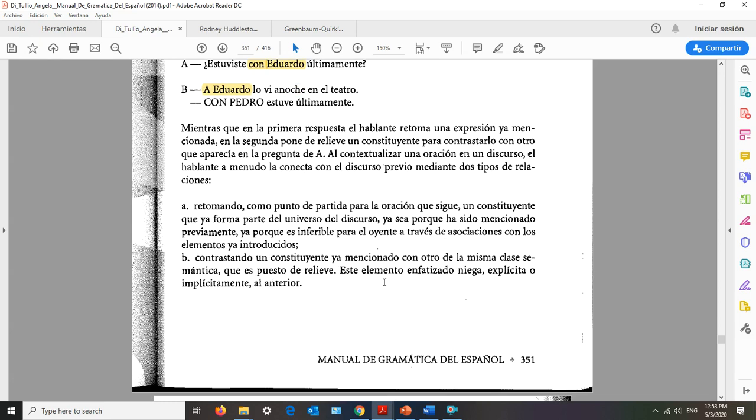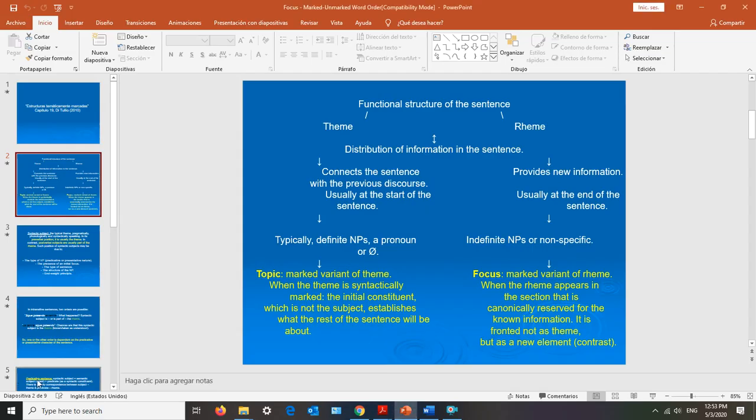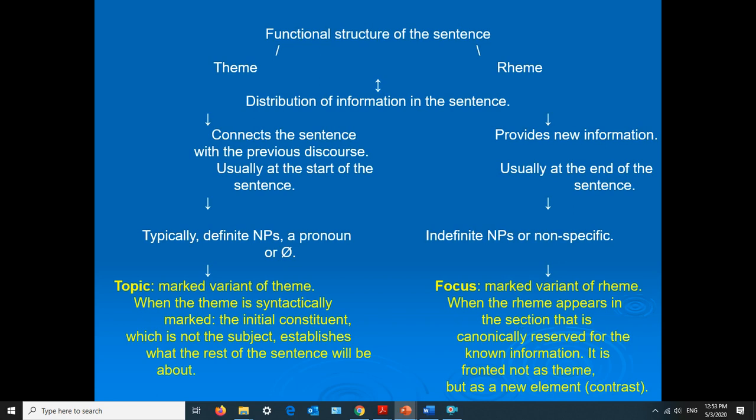So what is at stake in this chapter is the functional structure of the sentence: a sentence put to use in a specific discourse and in a specific context of use. And this traditional division of a sentence into theme and reme pertains to the distribution of information in the sentence.